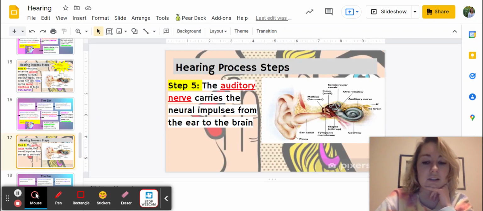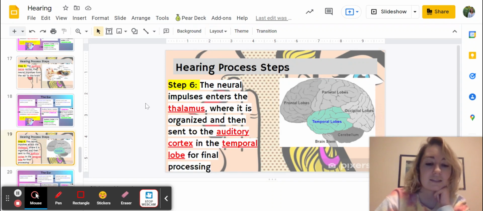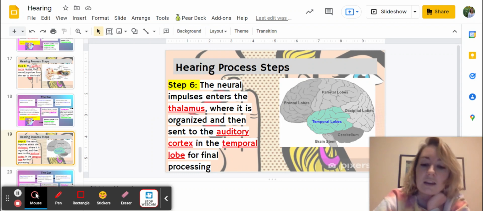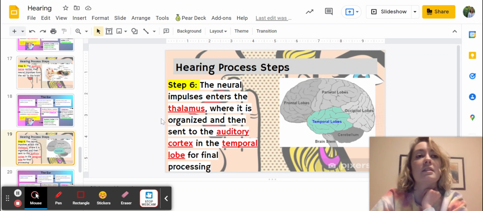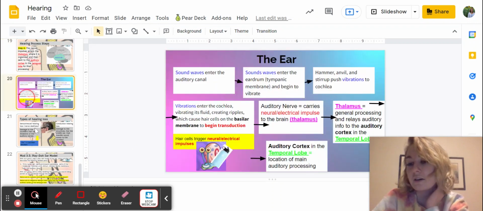We know that it takes that pit stop in the thalamus because that's what everything except smell does. It gets sorted out, organized, and then of course sent to the auditory cortex and the temporal lobe for final processing. And there you have it.